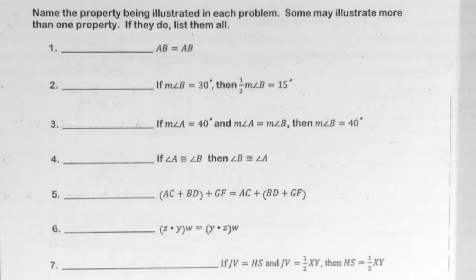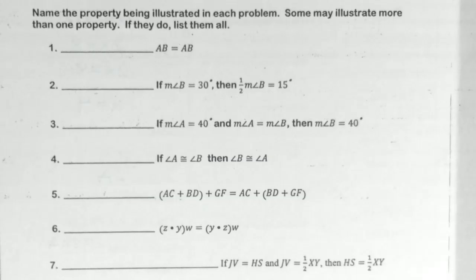Give you another 30 seconds. All right. Number 1, AB equals AB.